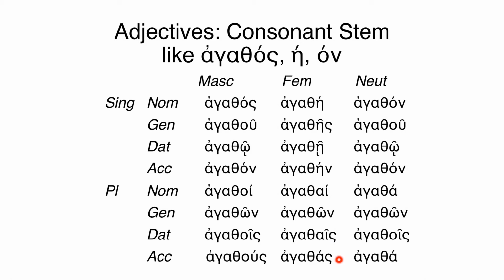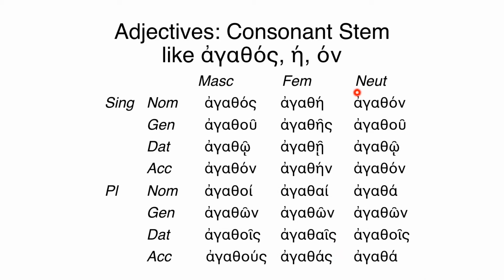Using the Erasmian pronunciation, we have agather, agathes, agather, agathen, agathai, agathon, agathais, agathas. Now, as I mentioned, these are the same as the endings for graphi or graphe. Graphi, graphis, graphi, graphin, and so forth. So you already know these endings.